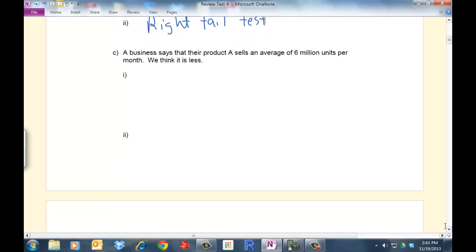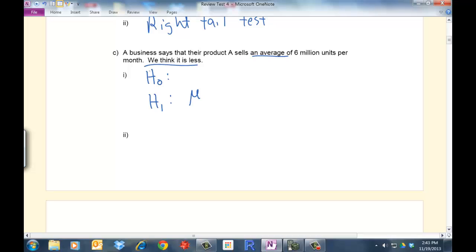Part C, a business says that their product A sells an average of 6 million units per month. We think it is less. So average, again, average points to the parameter mean, population mean mu.